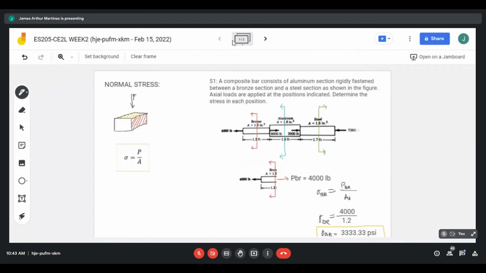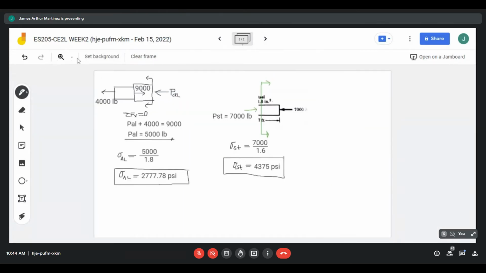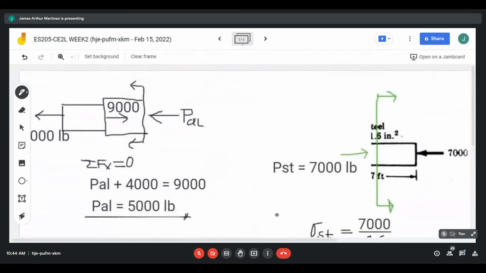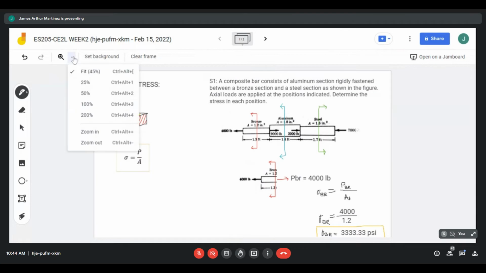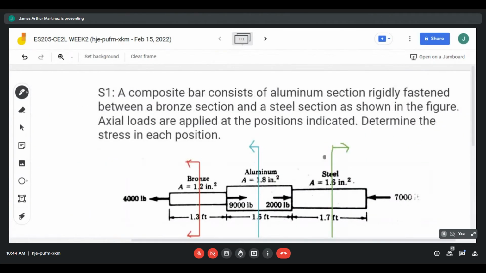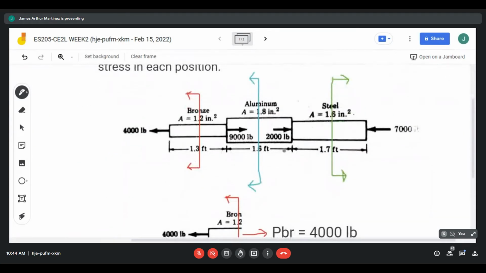Okay. Again, when you analyze a cutting plane, you choose whether the left side or the right side. In this case, for aluminum, we cut it and analyzed the left side. So only the forces you see on the left side of your cutting plane are considered. Since the 2,000 pounds is not part of your analysis on that side, it is not included.